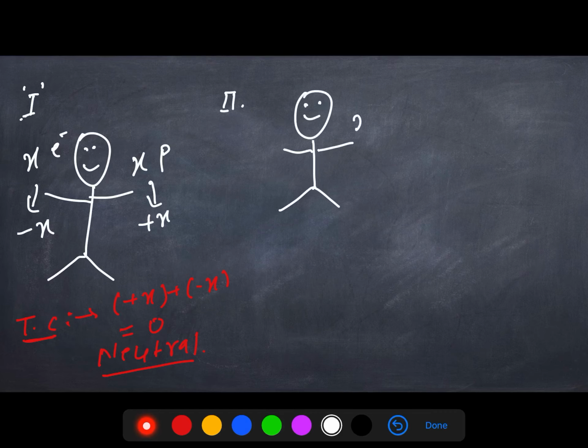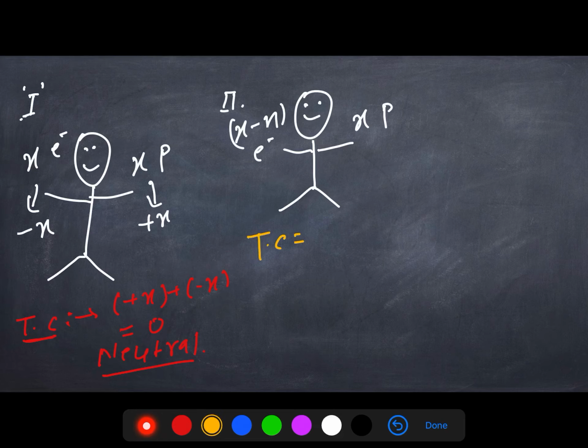Now, second case, the same person over here carries x number of protons and x minus n number of electrons. That simply means the number of electrons is lesser with respect to the protons. We can see that, right? It contains x number of protons and it carries x minus n number of electrons.